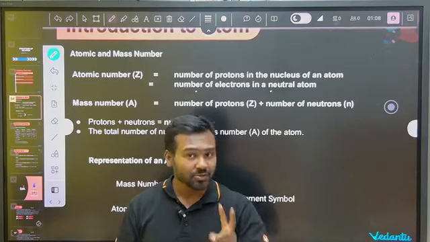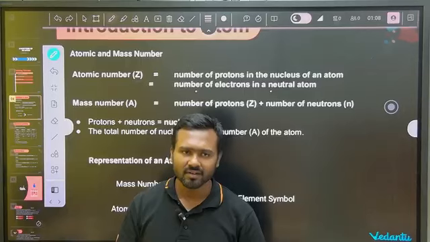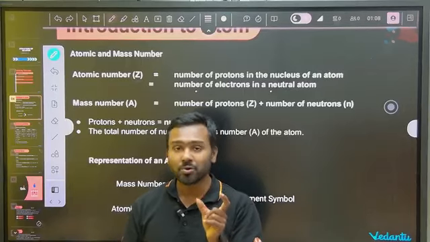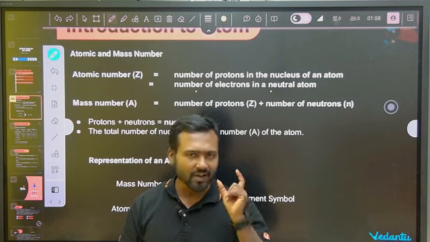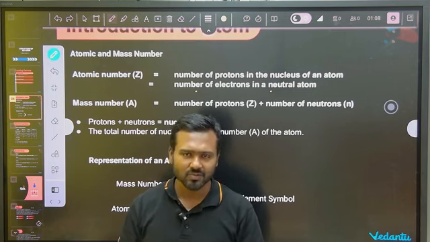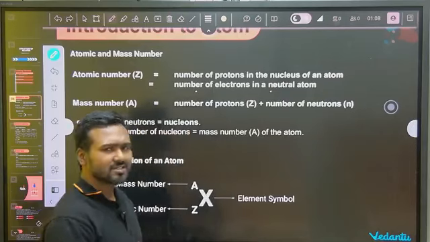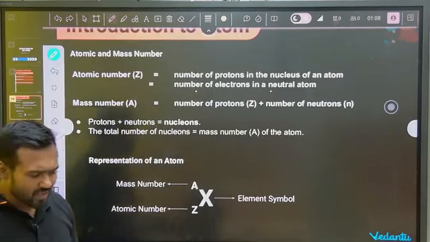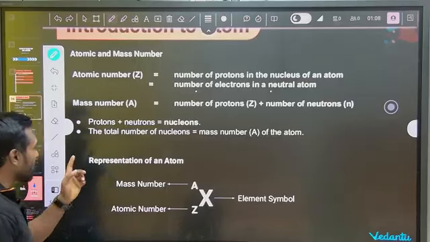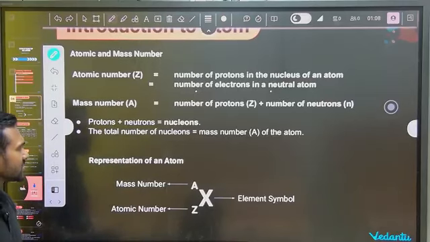And tritium, protons plus neutrons are called nucleons.